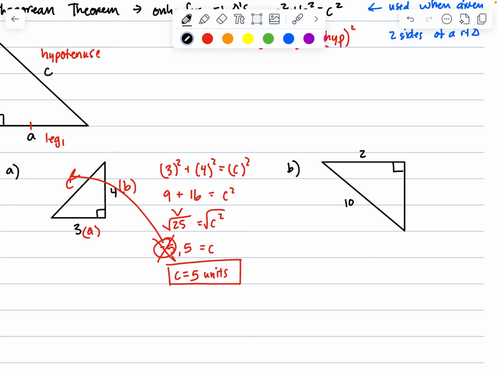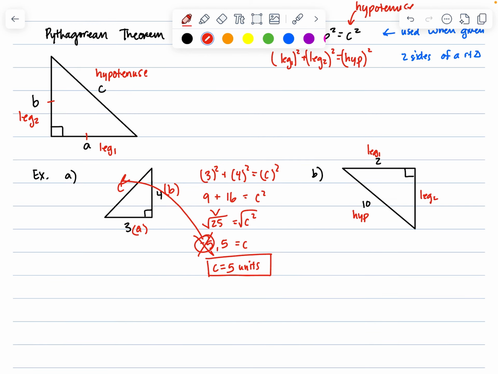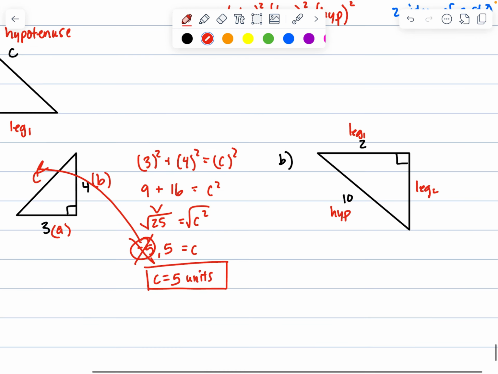Here's your right angle, and we could go through this. Okay, what is this last side? Well, we know for sure that 10 is the hypotenuse, so that's always the most important side to identify. We could call this leg 1, we could call this leg 2, as opposed to A and B, however you want to do it, and we could do the work this way.